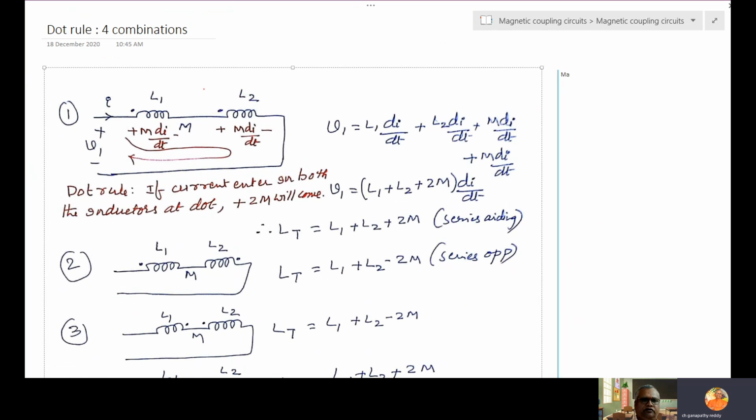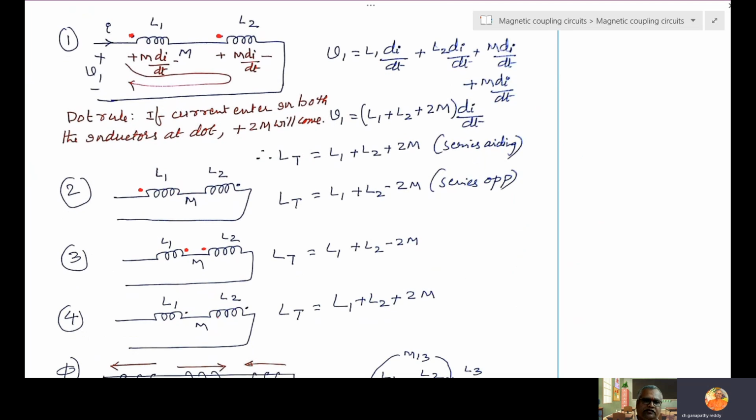In case 1, here there is a dot, here there is a dot, here there is a dot. So what is the L equivalent? In the second case, here a dot, but here the dot is shifted to the other side. Third case, the first coil dot is shifted, and the second coil remains the same. Fourth case, both sides' dots are moving to the other side.